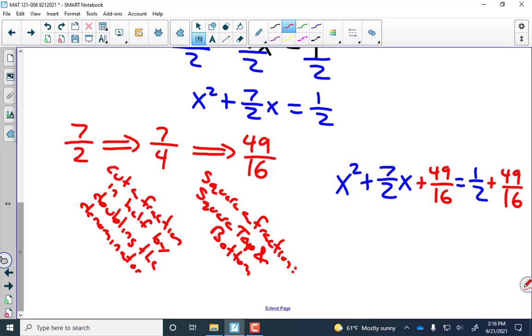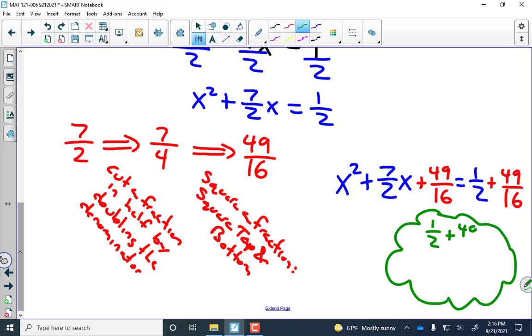Now, that right-hand side you're going to want to clean up a little bit. So let's put in a bubble of think right here. If I want to add two fractions together, what do I need? Common denominator. What's my lowest common denominator here? 16. So if I just take this 1/2 and multiply the top and the bottom by 8, it will become 8/16.